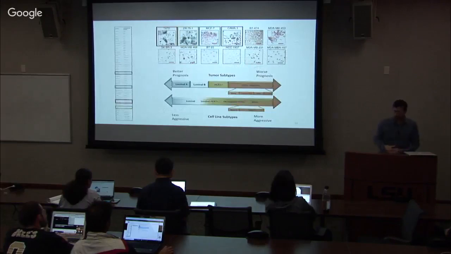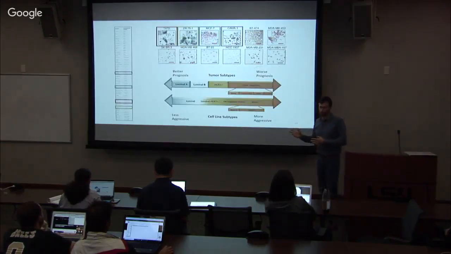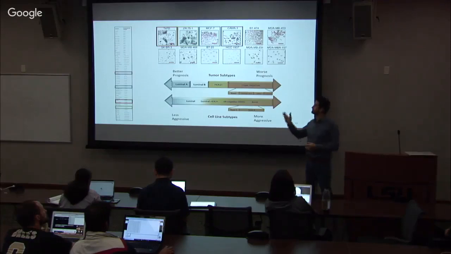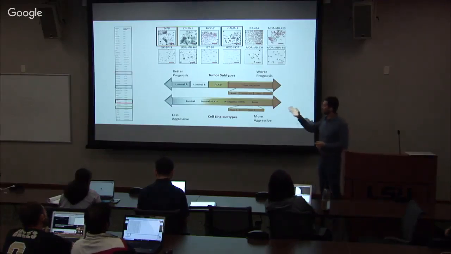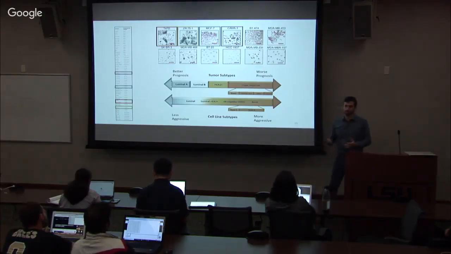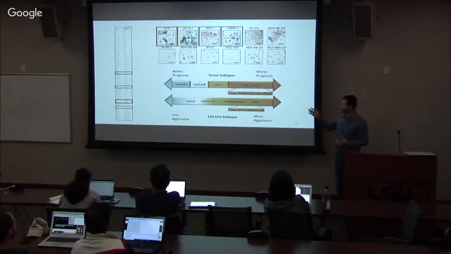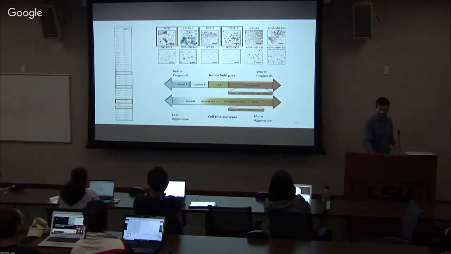Now, these FASTQ files come from cell lines. Just so that you have a sense of exactly what the labels would be, each cell line has a name, and that name could be associated with a subtype. So what are these subtypes? You have subtypes that have better prognosis, worse prognosis, and different ways of categorizing these cell lines.